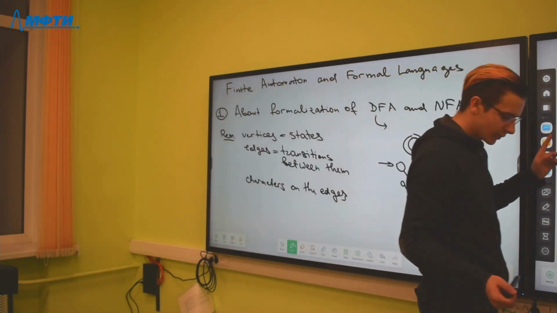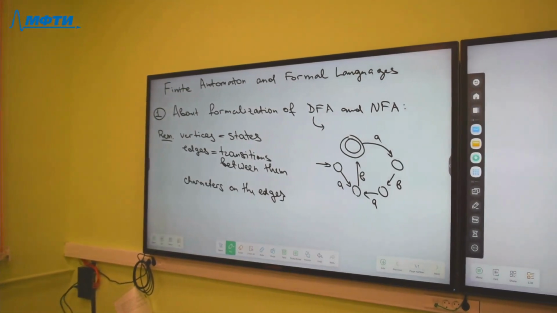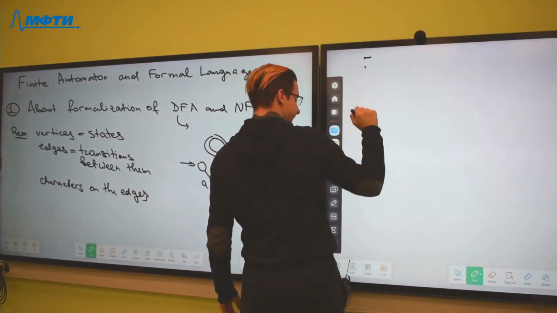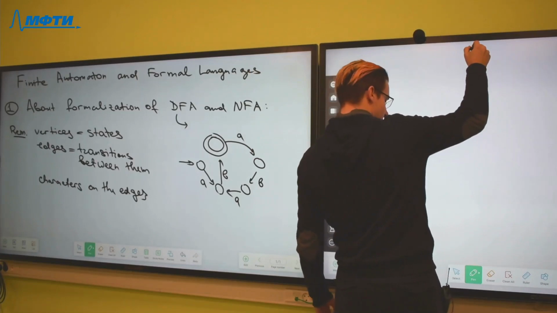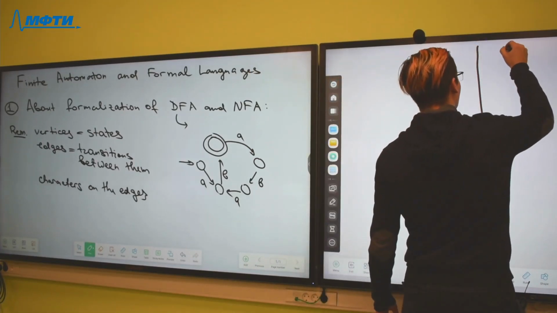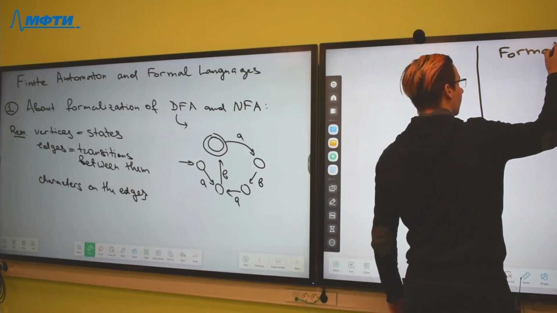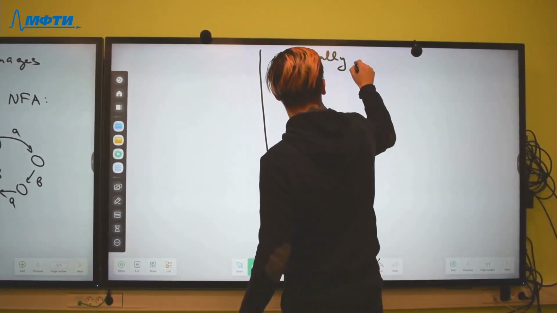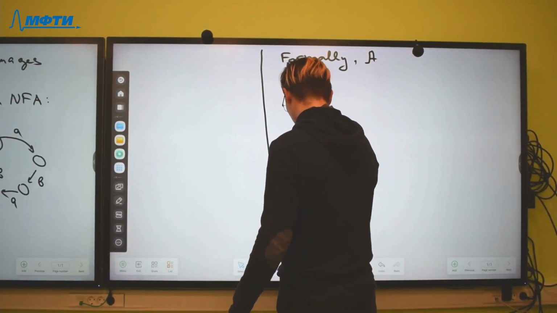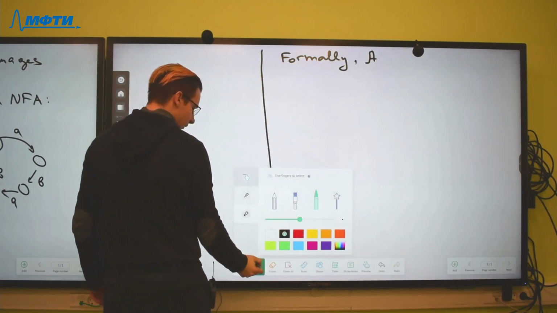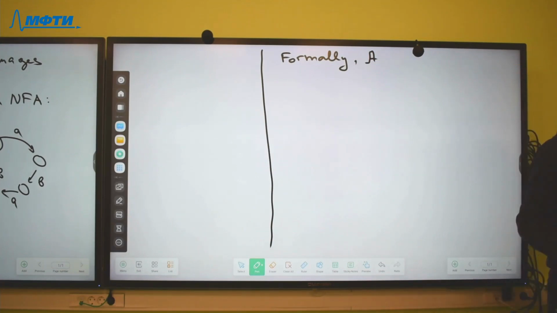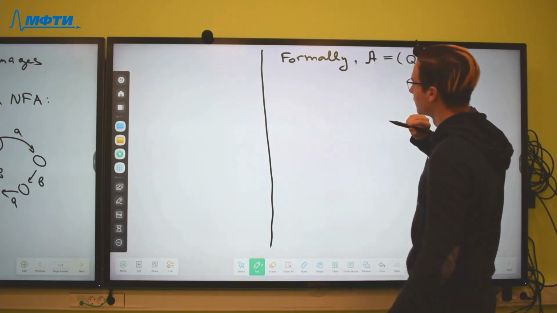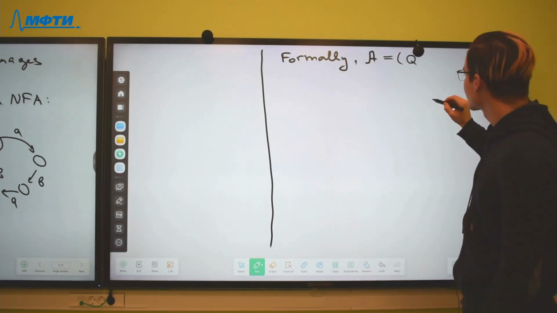But now we talk about the formal definition, because formally an automaton is a set of states.